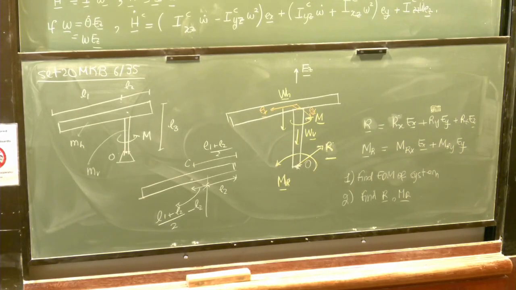For Ixz, does the horizontal bar have any z component? What do you guys think? Well, are you taking the inertia around O? Yes, around O at the base. Yeah. It would have, yes. Yes.